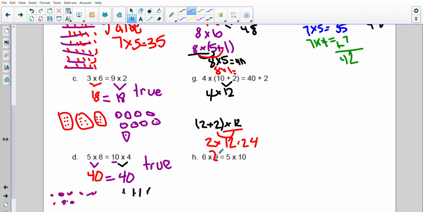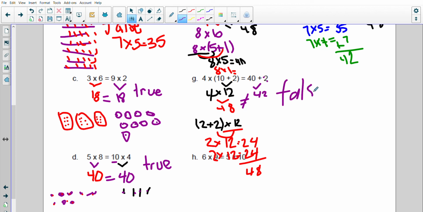And then another 2 times 12, which is 24. Add those up. 4 plus 4 is 8. 2 plus 2 is 4. So this is a total of 48. All right, looking at the one on this side, 40 plus 2, well, 40, 41, 42. Those do not equal each other because they are not the same. Therefore, this one is false.